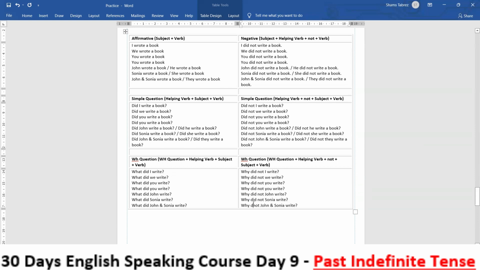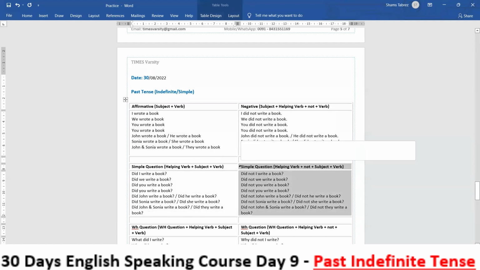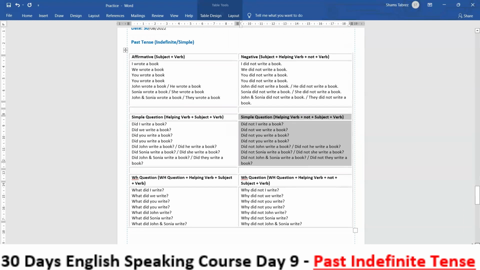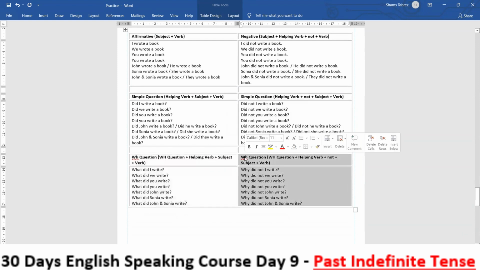And then why did John and Sonia not write? So in the WH question, we are adding the not word. This is past indefinite tense. In this one, we have affirmative, then negative, simple question with not, then WH question and WH question with not.